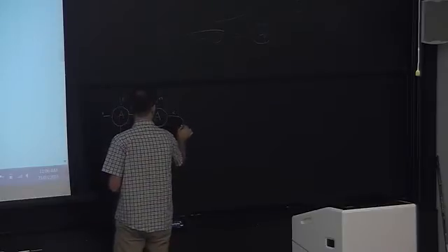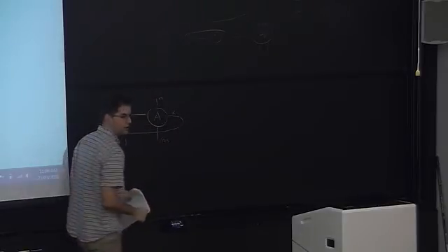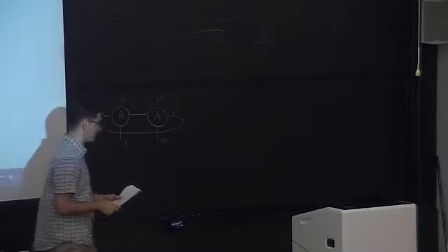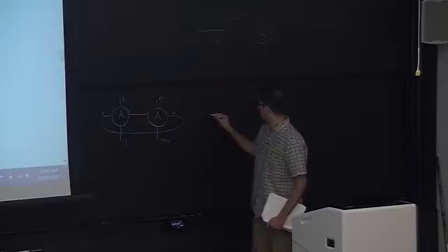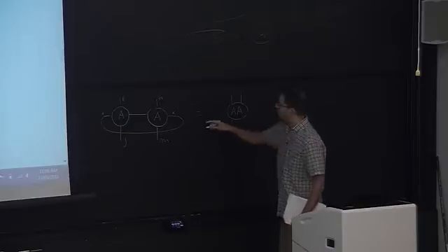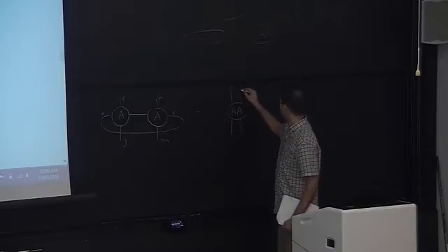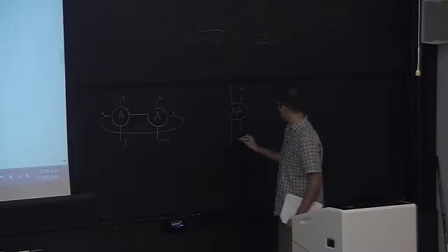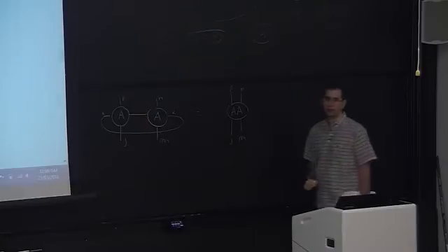Because there is a trace over it. And the result is going to be AA, where this is L, this is N, this is J, and this is M. Okay?